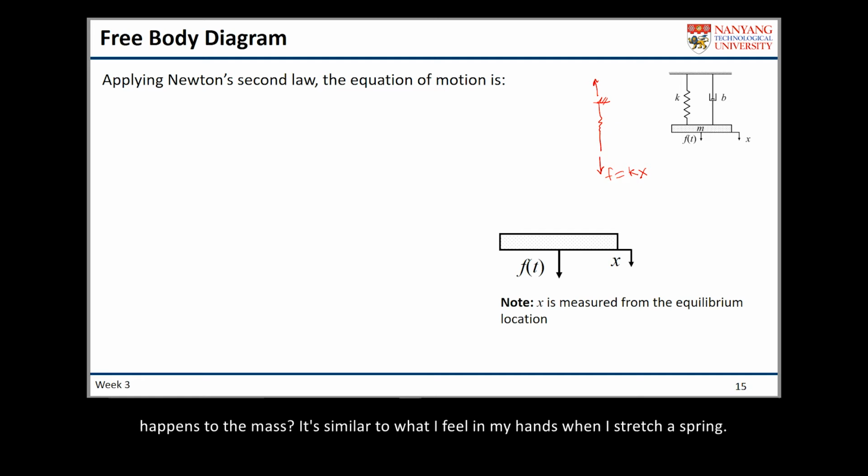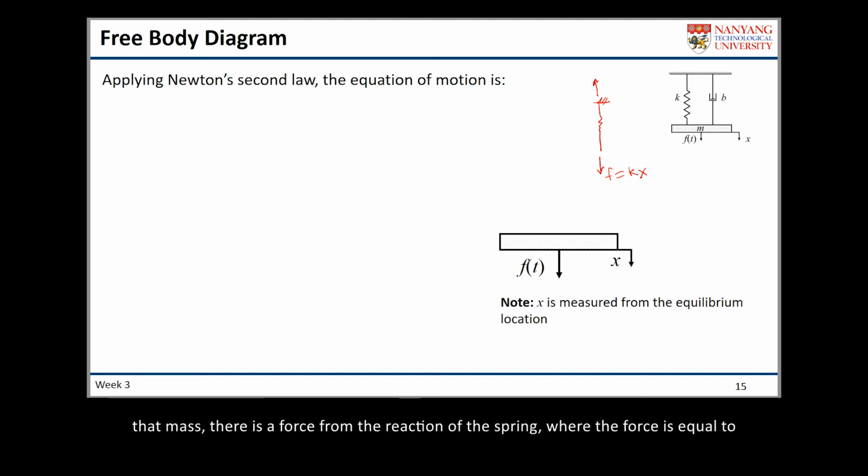What happened to the mass? It's similar to what I feel in my hand when I stretch a spring. When the spring is stretched, the mass will receive a reaction force. You can imagine the mass as your hand. So when your hand is stretching the spring, you will feel that the spring is trying to pull you back to the upward direction with the same force.